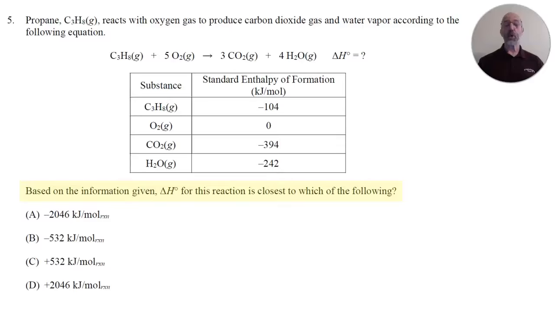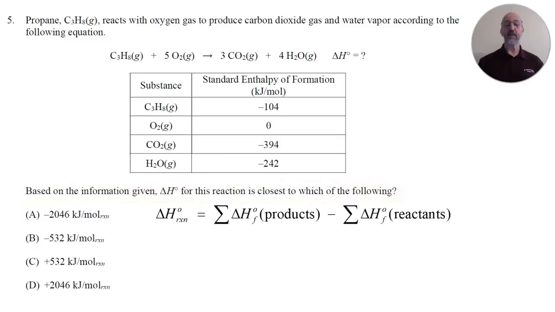So we will use the equation that I mentioned for topic 6.8, which is that the sum of the enthalpies of formation for the products minus the sum of the enthalpies of formation for the reactants will give us the change in enthalpy for this reaction. So I will start with the product, which is carbon dioxide. Now there is a coefficient of 3 next to the carbon dioxide, so that means I will take the number for carbon dioxide, the negative 394, and I will multiply by 3.